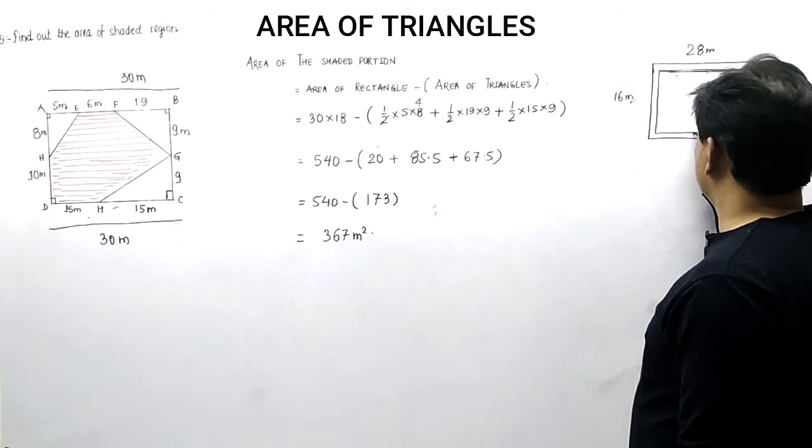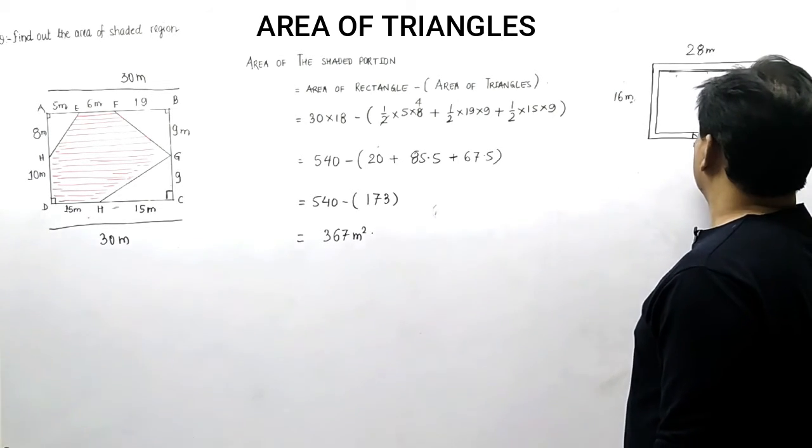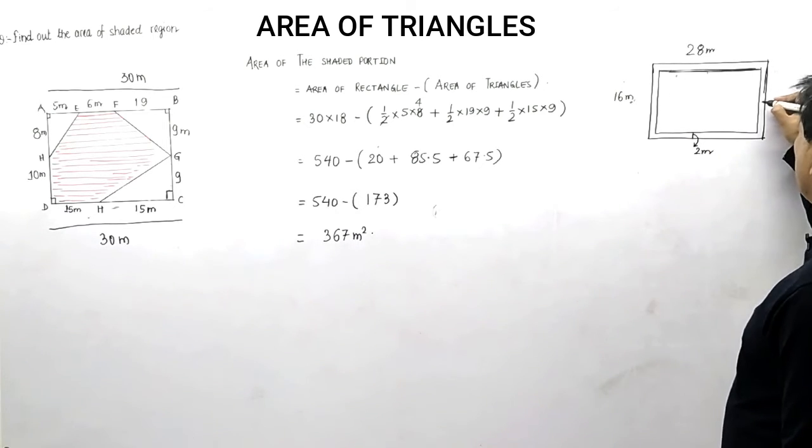So the thickness of the path is 2 meters. We have to get the area of this path.